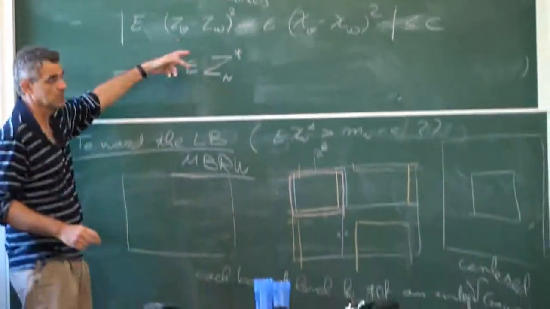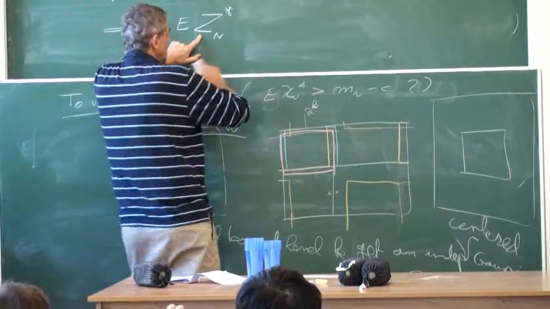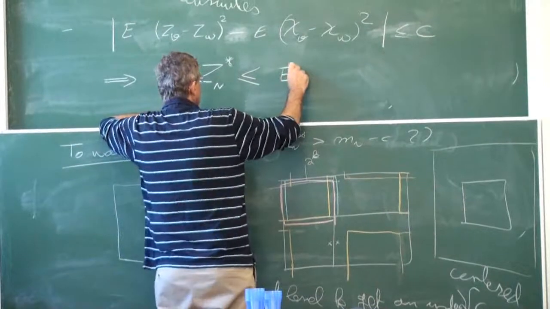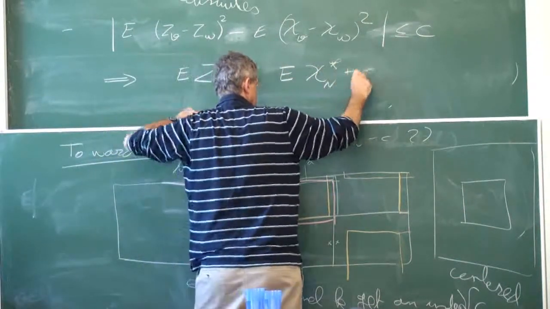So Z is just a modified branching random walk, and the expectation of that is going to be smaller than the expectation of X_n star plus a constant.